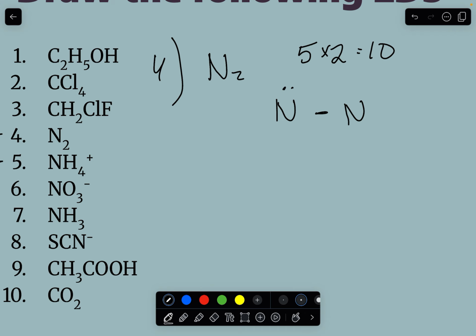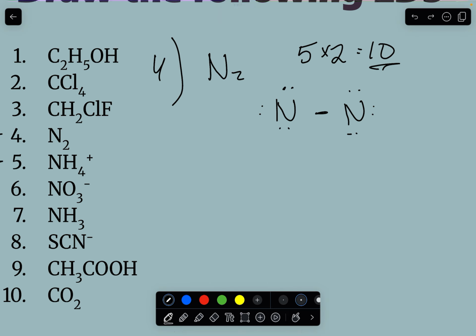So we have 2, 4, 6, 8. 2, 4, 6, 8. And we're going to make sure everything follows the octet rule and we reach our 10 electrons. So each nitrogen has 8 electrons. But if we count our electrons, we have 2, 4, 6, 8, 10, 12, 14. We only want 10. So this isn't going to work out.